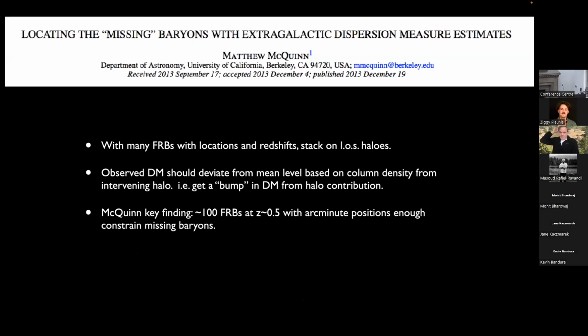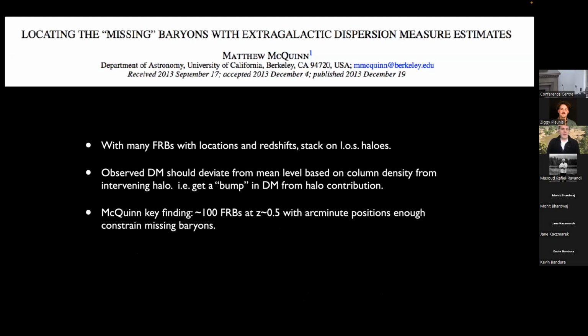Right, so very, very quickly after FRBs were discovered, people started thinking about them as probes of cosmology. This paper was out within a year or two of the first FRB announcement, when there was only one. But it was very clear early on that, as Xiaohan said, there's a lot of potential to track down what gas is doing.